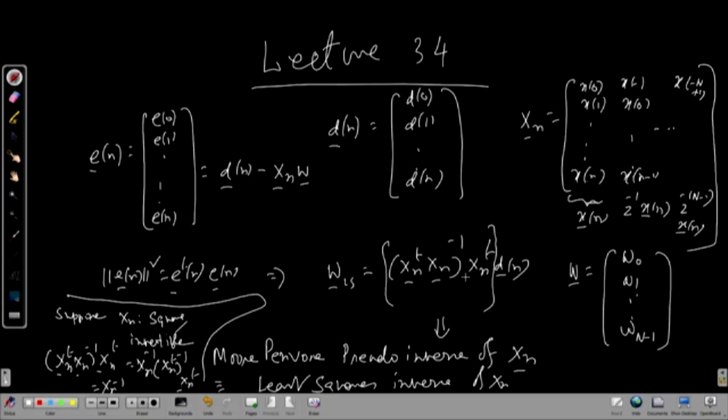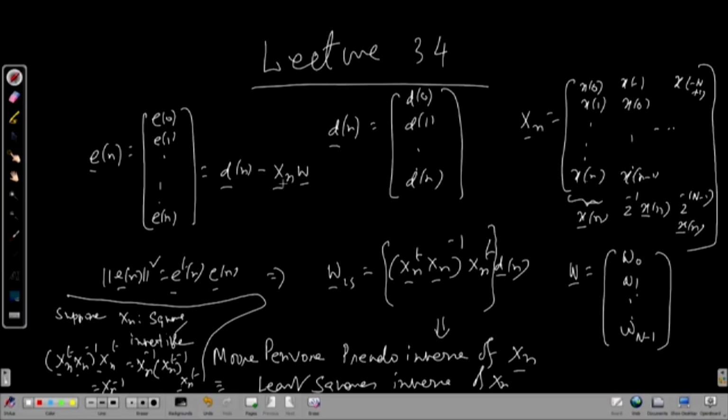That is what this pseudo inverse reduces to. From the formula you can see, if Xn is square and invertible, Xn transpose is invertible. So, Xn transpose Xn inverse is Xn inverse, Xn transpose inverse, and then Xn transpose. These two cancel, so you get identity. So, you get Xn inverse. So, in that case, the pseudo inverse is nothing but ordinary inverse. Okay.